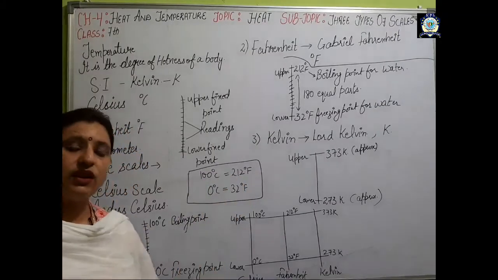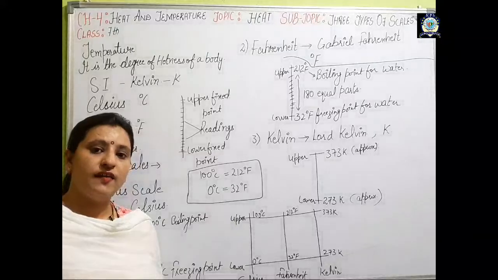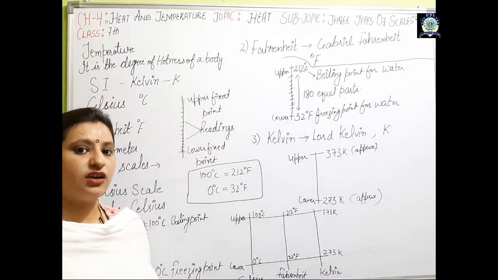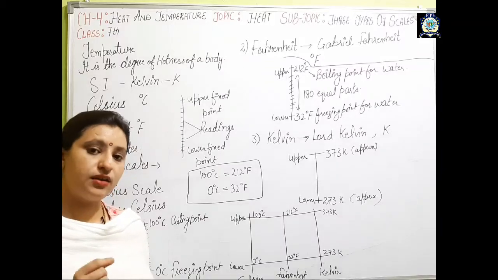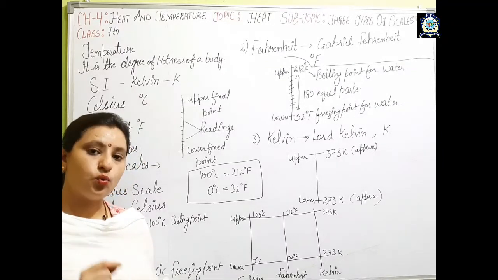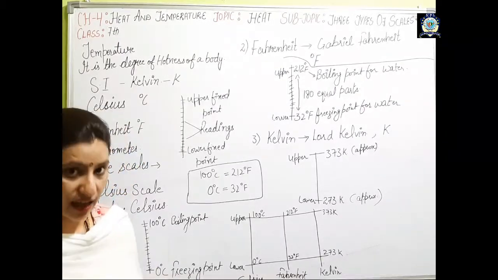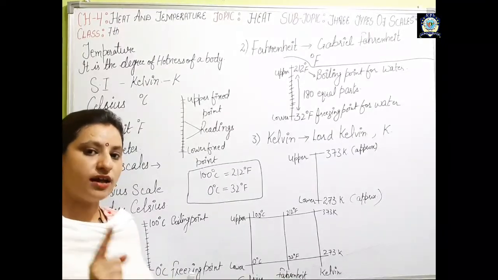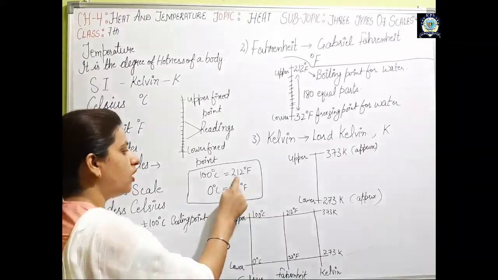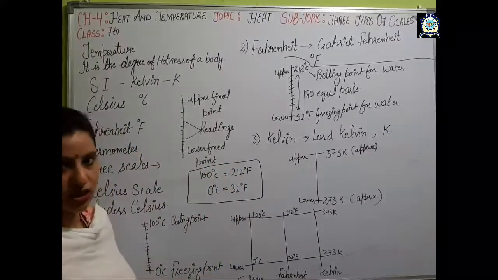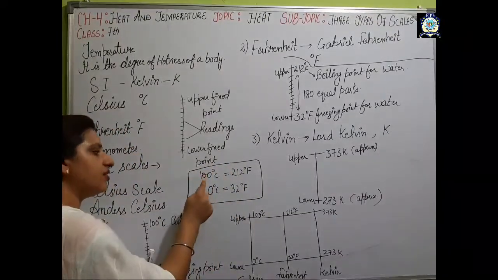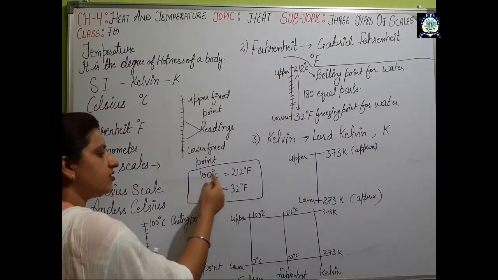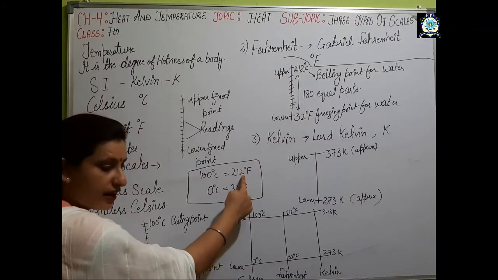So if anyone asks you at what degrees of Fahrenheit water starts boiling, then your answer will be 212 degree Fahrenheit, because in Celsius it is 100 degree Celsius and we have learnt that 100 degree Celsius is equal to 212 degree Fahrenheit.